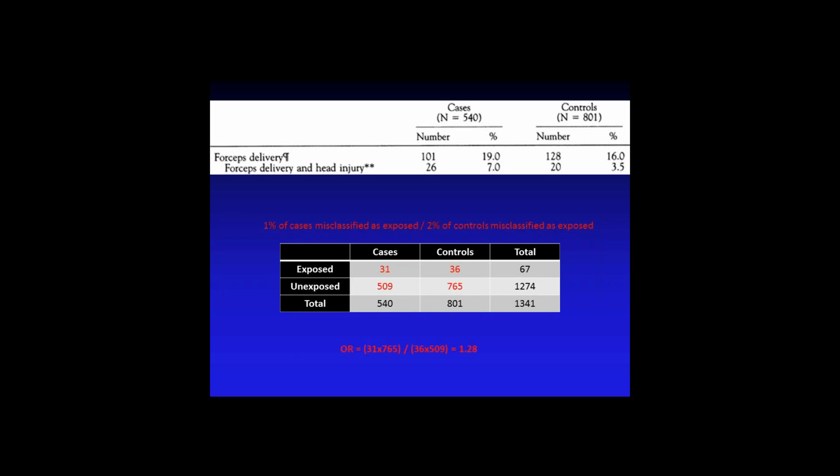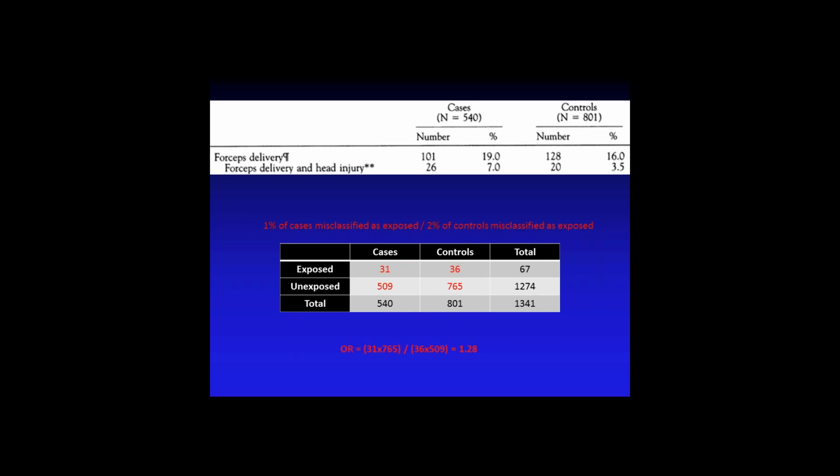In other words, the probability of misclassification is pretty much the same between the cases and the controls. So it was 26, but really it was 31, and it was 20, but really it was 36. Right? So people just weren't remembering whether or not they had forceps delivery and head injury.